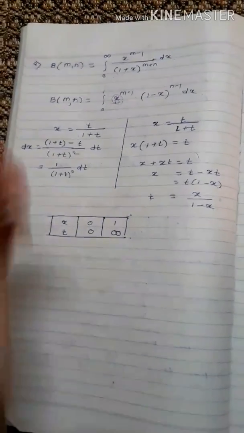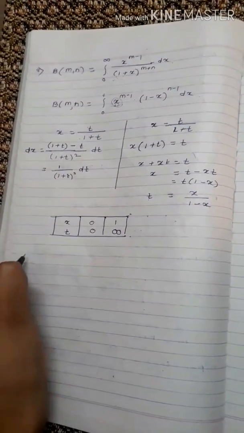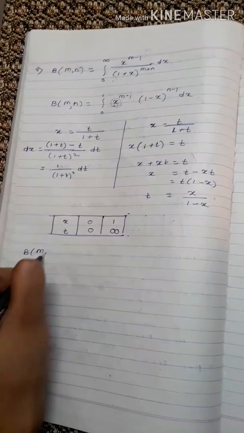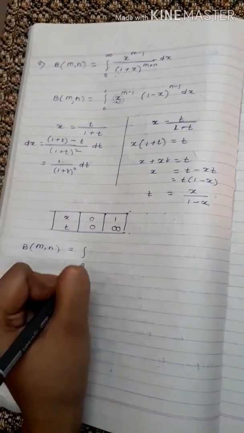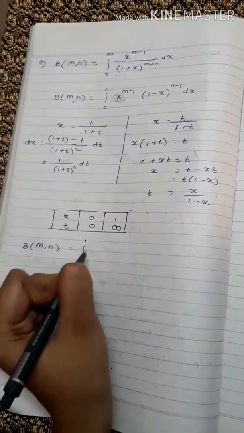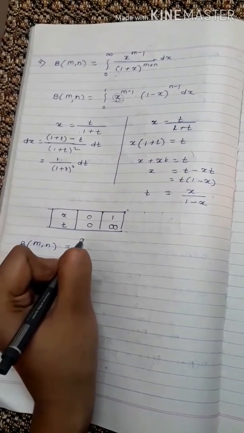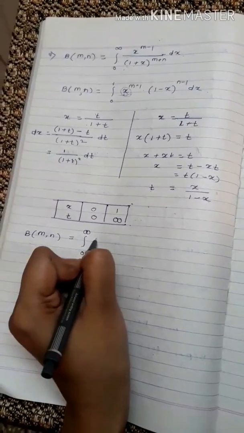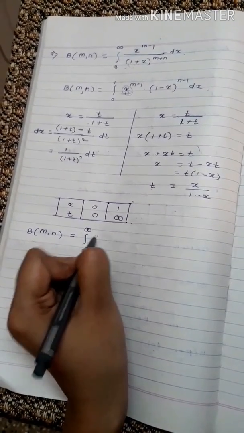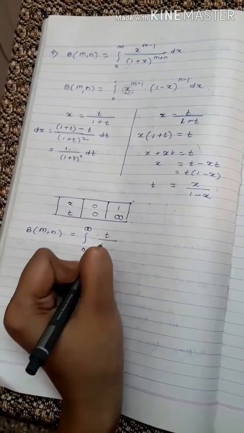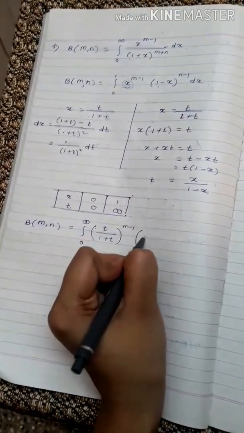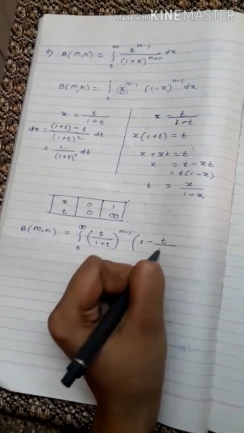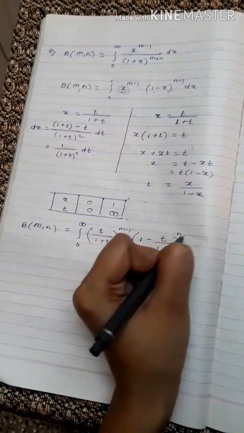So let's make changes in the definition of the beta function. So beta of m, n is equal to the integral from 0 to infinity now, of x to the power m minus 1. What is x here? x is t upon 1 plus t raised to m minus 1, into 1 minus x to the power n minus 1. So that is 1 minus t upon 1 plus t raised to n minus 1.